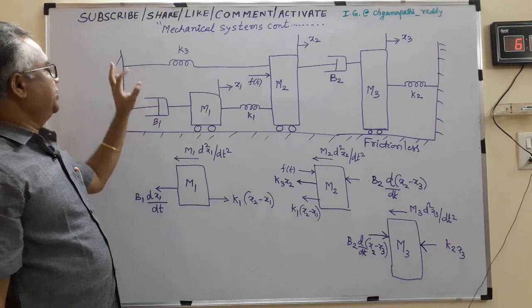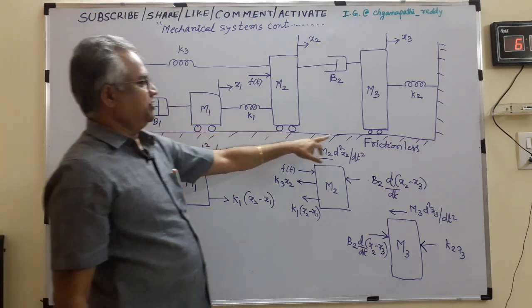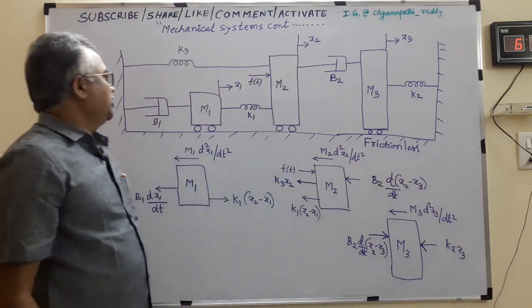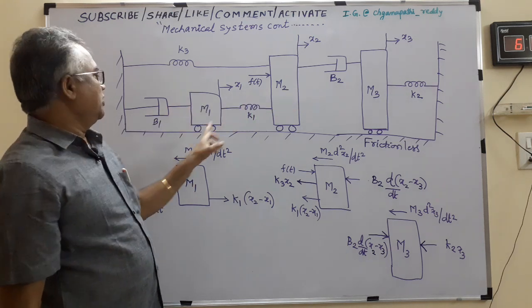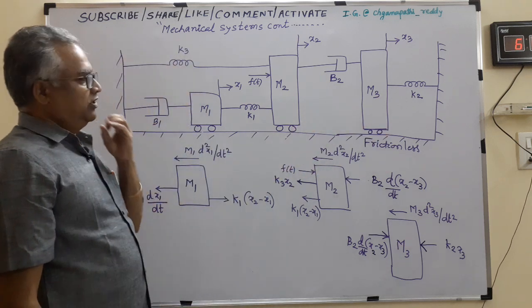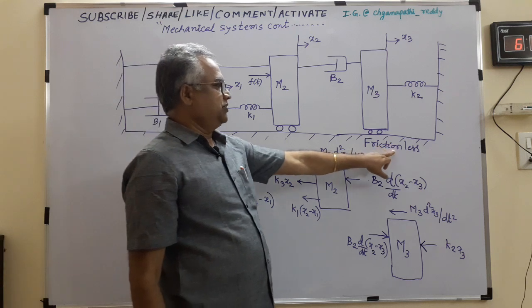In this problem, they are moving freely without any friction, so we are assuming it is frictionless. If friction is there, then B3, B4, B5 also will come in the problem. So we are assuming that as 0, frictionless.